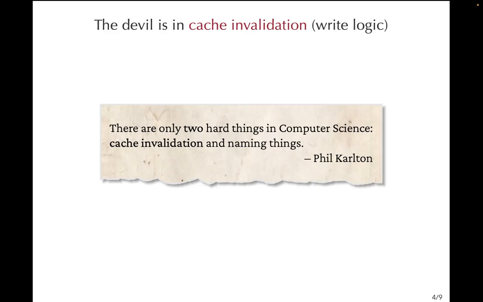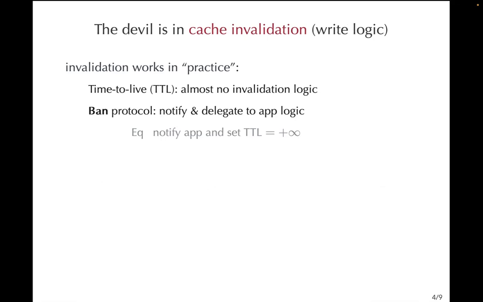So let's see how it makes things different for transactions. We can sort of classify cache invalidation methods into two categories. The first class is for example the TTL, time to live, and the ban invalidation method. TTL is essentially no invalidation at all.